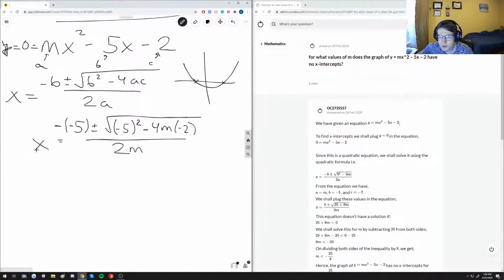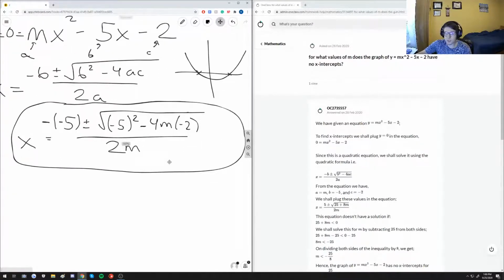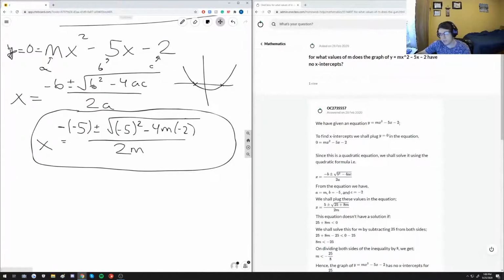And in this situation, we want to think about when we don't have any x-intercepts or any roots. The case of having no roots is when this quadratic equation can't be solved. So we have to see what part of this equation would make it unsolvable, or at least give us, for example, an imaginary solution.